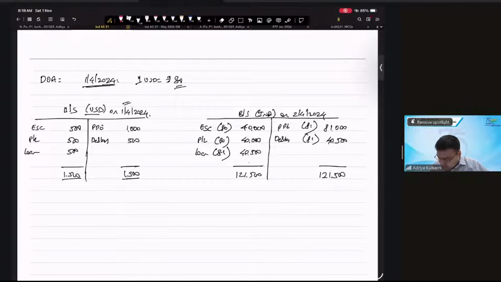Can I say that now there is a difference of 1,000 in the trial balance? What will be this difference? This difference will be FCTR. When is this FCTR arising? It is getting born on 2nd April. It was not there on 1st April. It is born on 2nd April.